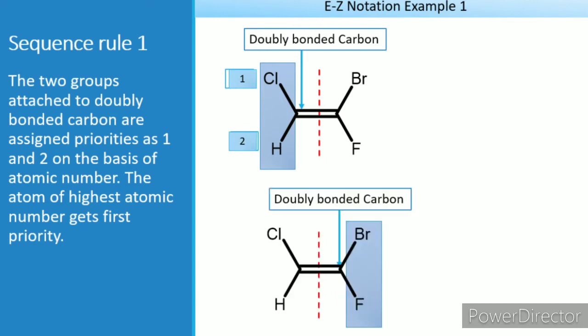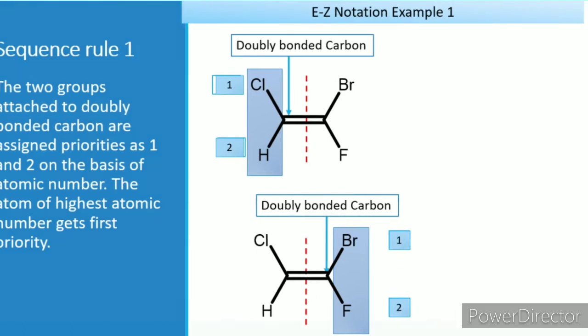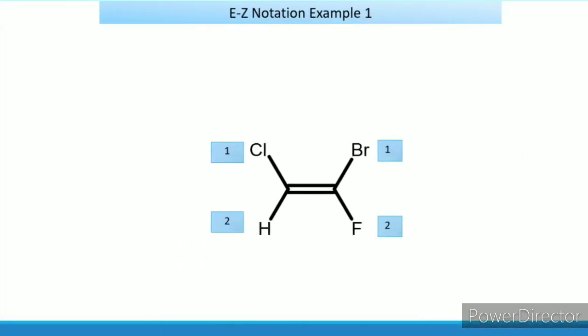Now, concentrate on the right side of the molecule. The two groups attached to the doubly bonded carbon are bromine and fluorine. We will write their atomic numbers. So, the group with the highest atomic number in this case is bromine, and it will get priority over fluorine. So, let's combine both sides. Now, imagine a horizontal plane passing through both double bonded carbon atoms.